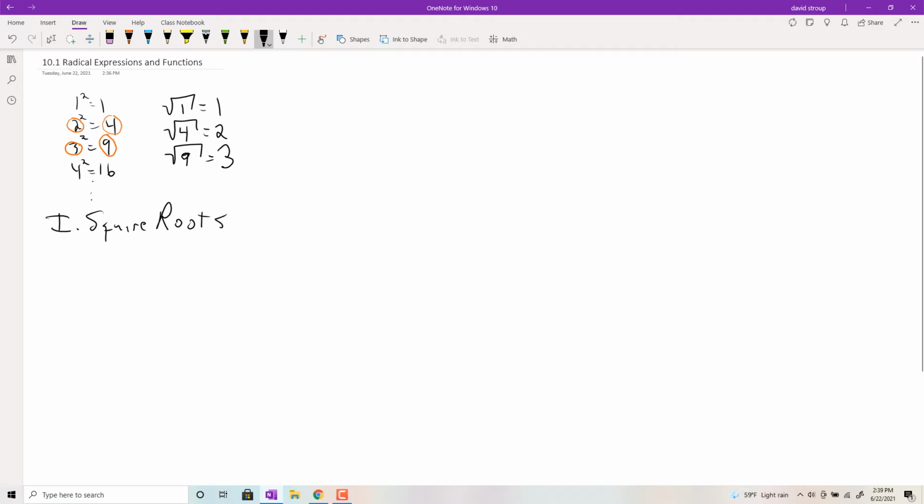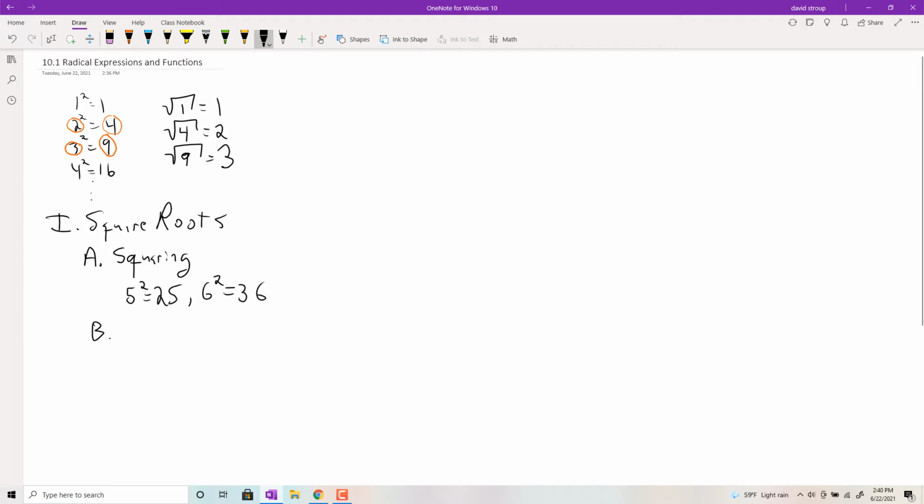And so, there's two sort of what they call inverse processes. Squaring something: if I take 5 and square it, I get 25. Just continuing on with the chart above. Another example then, squaring 6 will give me 36.